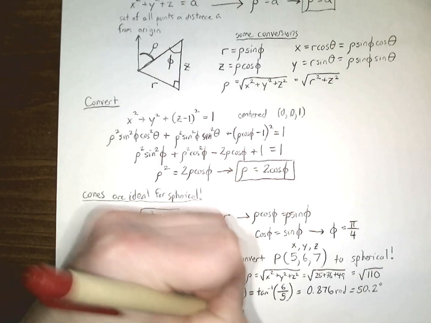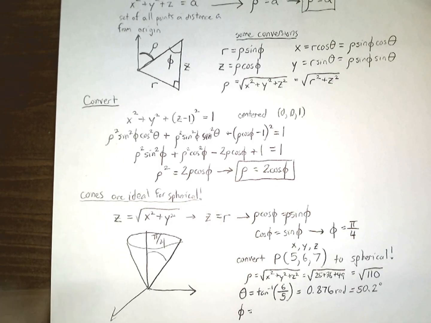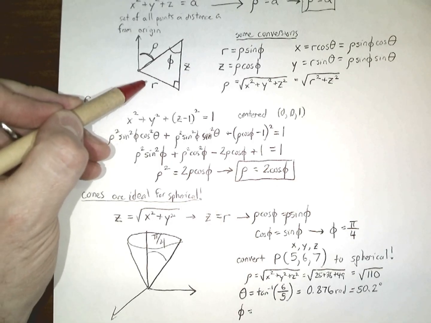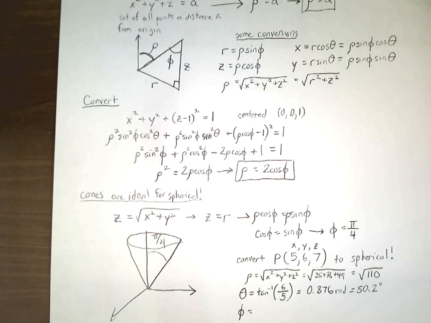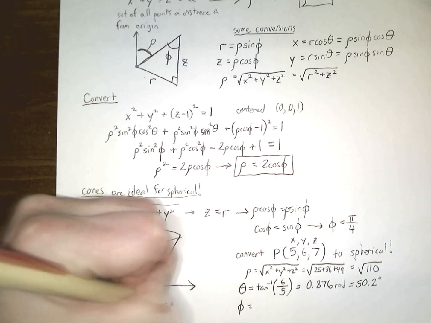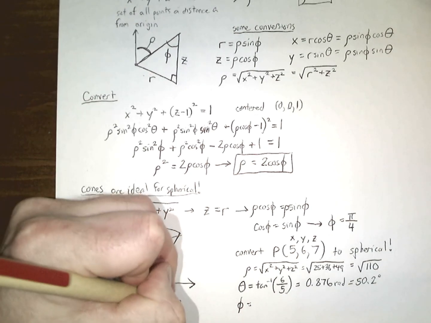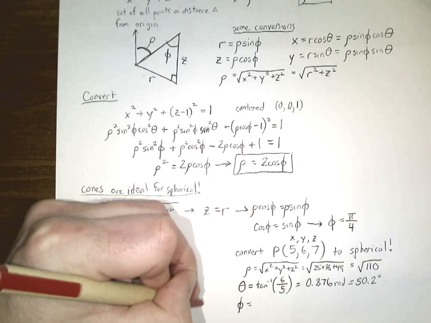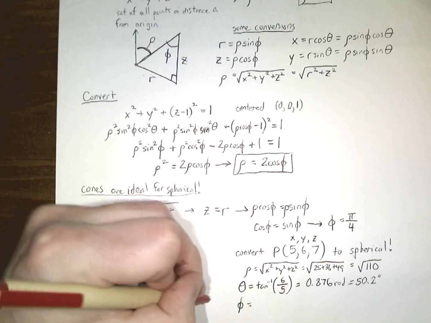Phi, on the other hand, if we go back to our triangle up here, phi is going to be the inverse tangent of r over z. So we do kind of have to do an interlude here to figure out what our polar r is, but that's just looking at x and y. R is going to be equal to 5 squared, 25, plus 6 squared, 36, all under a square root.